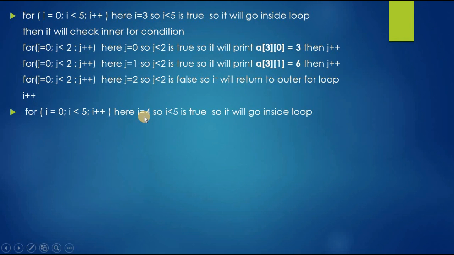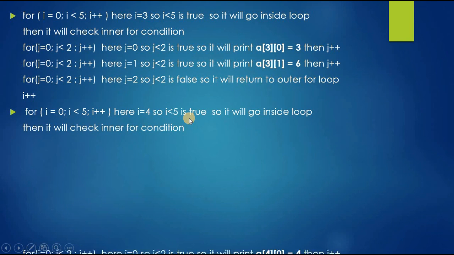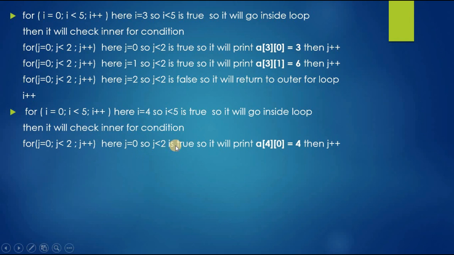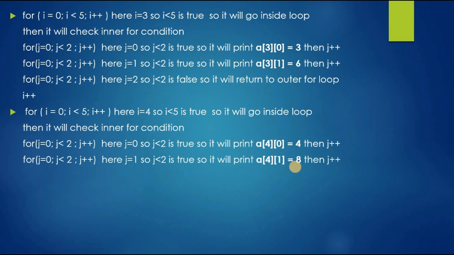When it comes to the outer loop, the i condition is true here, so again it will come inside the inner loop and the inner loop condition will be checked. The condition is true, so it will print the value a[i][j] equal to 4, then j will be incremented. Again it will check the condition, which is true, so it will print a[i][j], meaning now at the fourth row and first column we got the value 8, then j will be incremented.